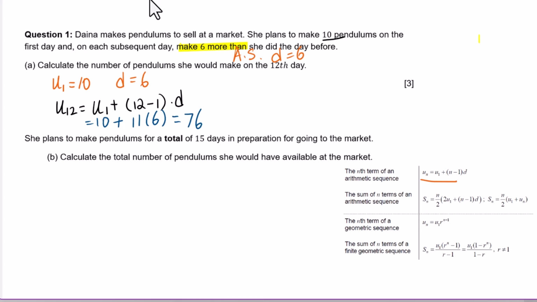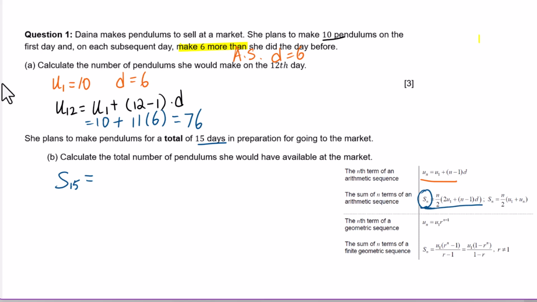She plans to make pendulums for a total of 15 days in preparation for going to the market. Calculate the total number of pendulums she would have available at the market. We are looking for total number, which means S sub 15. Since we already got u sub 1 and D, we will use this formula.